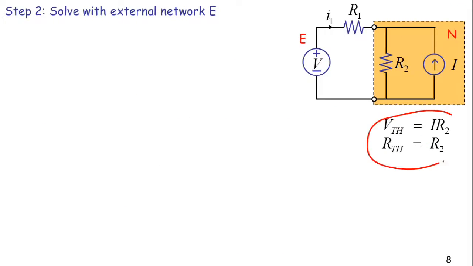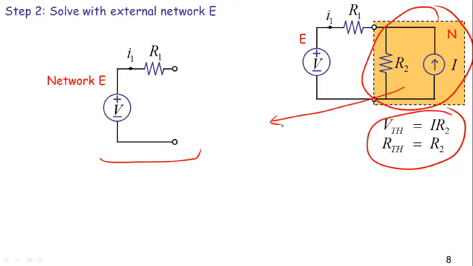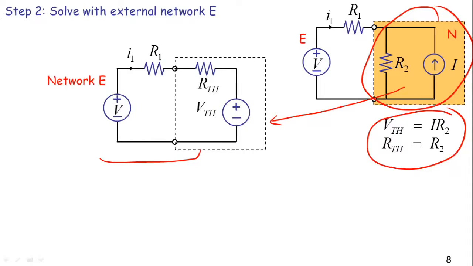As I said earlier, VTH and RTH are given by these two values, and I'm going to replace the network N with its Thevenin equivalent. Network E stays the same. I show that here. That hasn't changed. But now I'm going to replace the network N with its Thevenin equivalent, like so, where I get the RTH in series with the VTH, and where VTH is given by IR2 and RTH is given by R2.